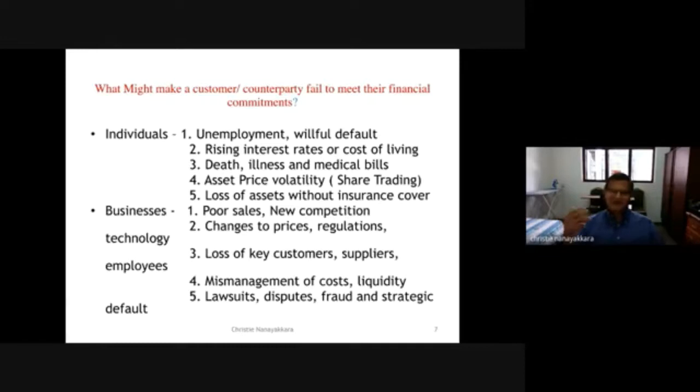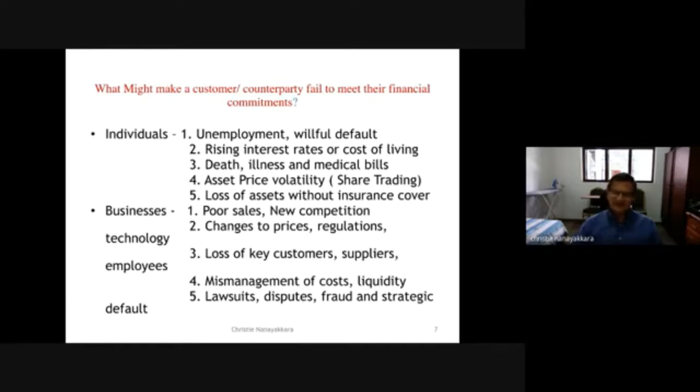It could happen to technology, employees, and defaults could occur with lots of key customers, suppliers, mismanagement of costs. These are all business-related things. Say you have a garment factory with one customer in the UK who used to buy your clothing, and that customer runs into a loss in the UK and suddenly cancels all the orders placed with you. As a result, you lost your key customer.